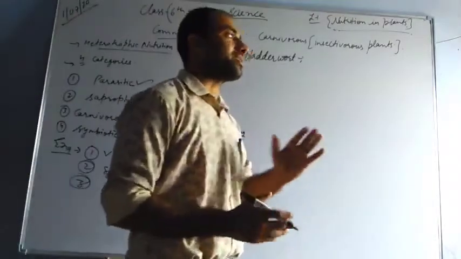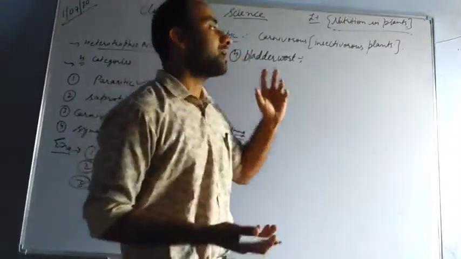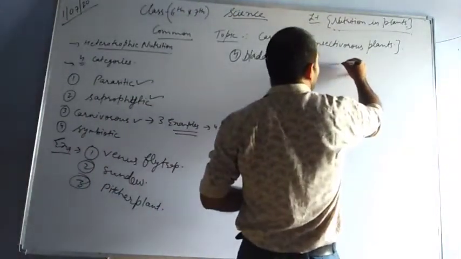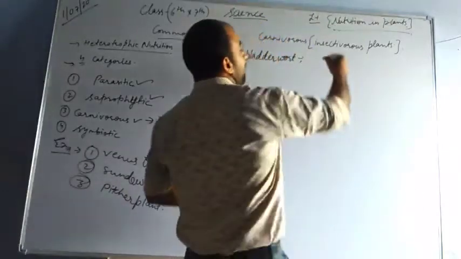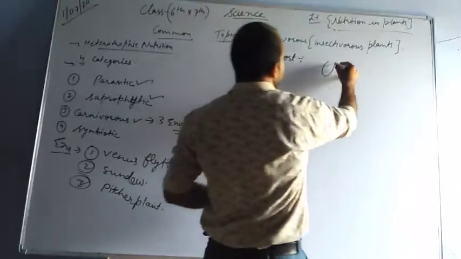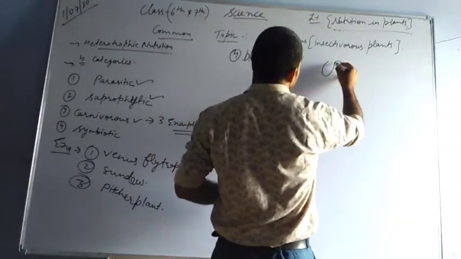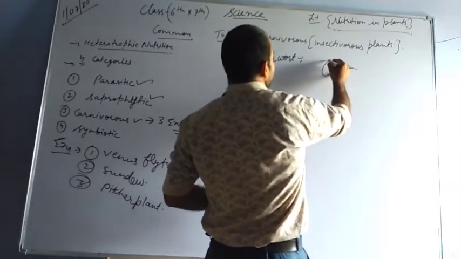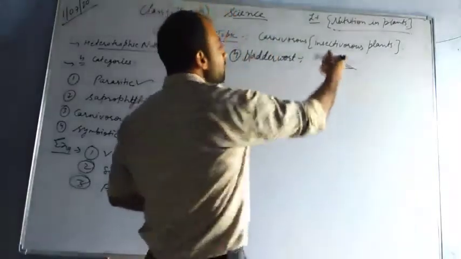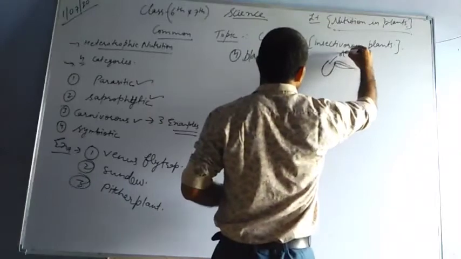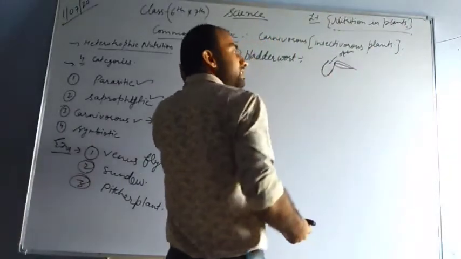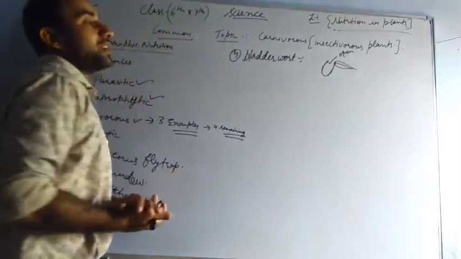Bladderwort has a structure which is bladder in form, attached to the leaves. Suppose this is a leaf. Along with this leaf, a bladder-like structure is formed, whose one end is open and the remaining part is covered with tissues.